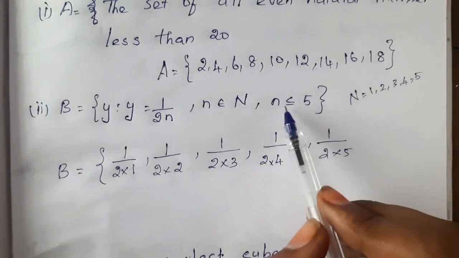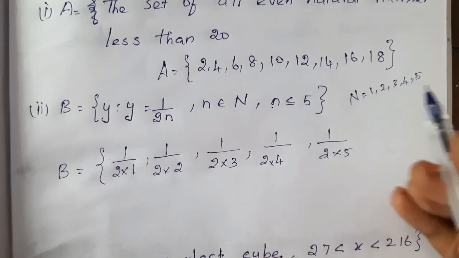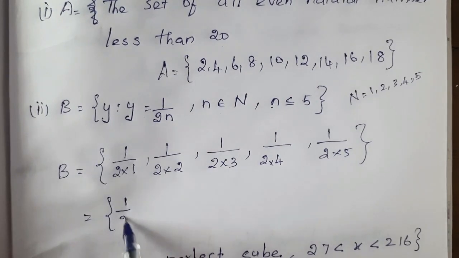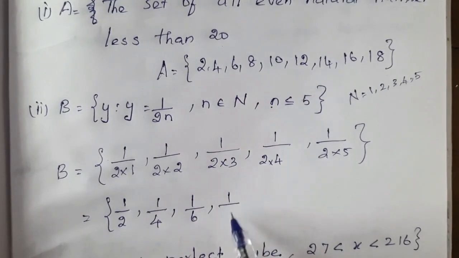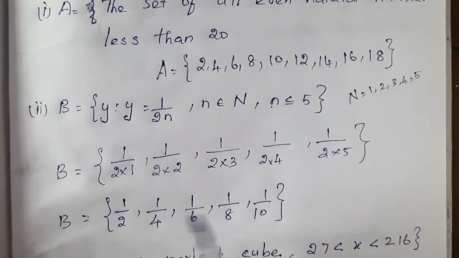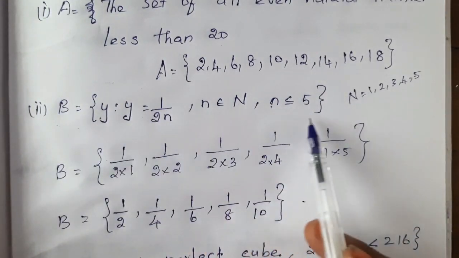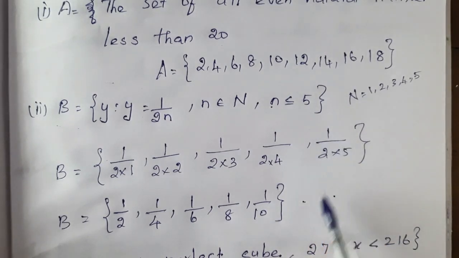No need, because they have given the rule as n less than or equal to 5. So how will the set be? B equal to 1 by 2, 1 by 4, 1 by 6, 1 by 8 and 1 by 10. This is the question. So we write that in roster form. This question is in set builder form, otherwise rule form. We change that into the roster form.